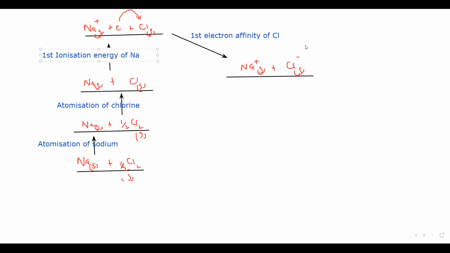And then these ions form the compound. When these ions form a compound, it turns into sodium chloride solid, NaCl in a solid state. When ions form the compound, that is called lattice energy.